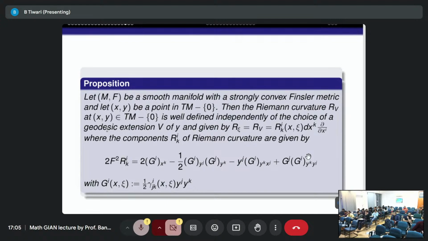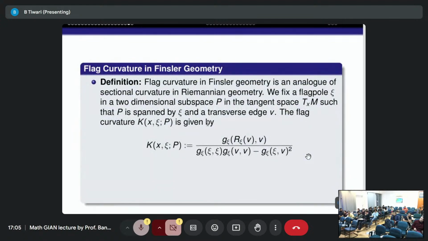This notion of Riemann curvature induces the notion of flag curvature, which is the analog of sectional curvature in Riemannian geometry. The only thing is that in sectional curvature, in every tangent space you fix a two-dimensional subspace, and corresponding to that subspace you have a sectional curvature.